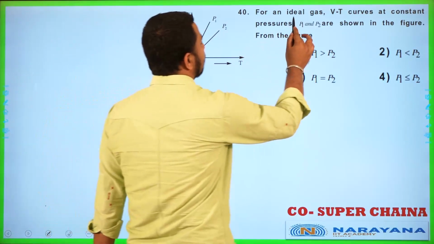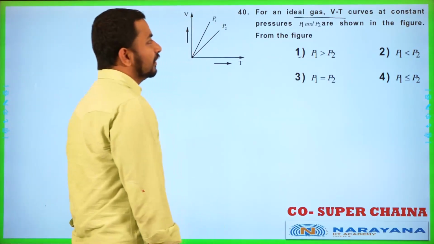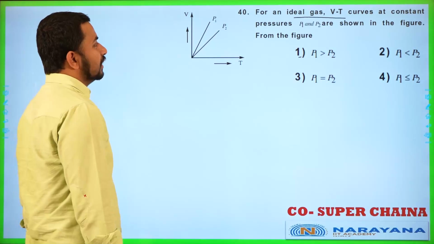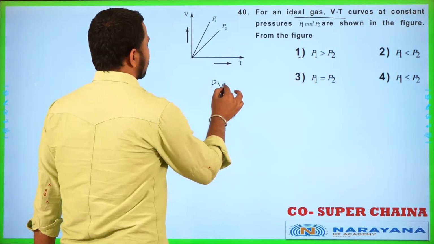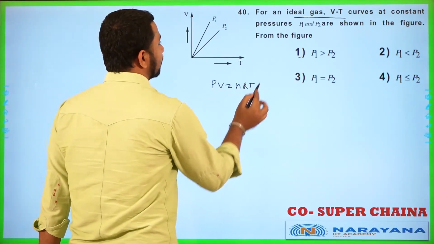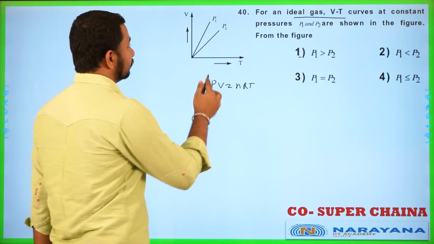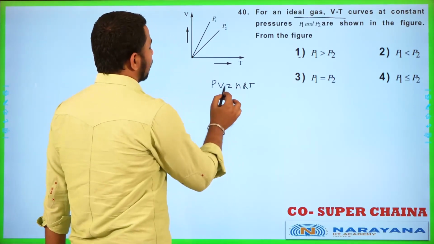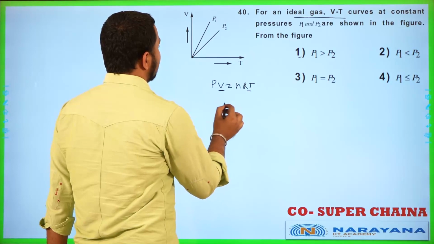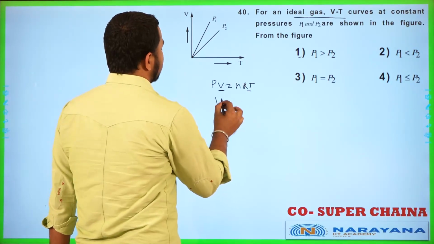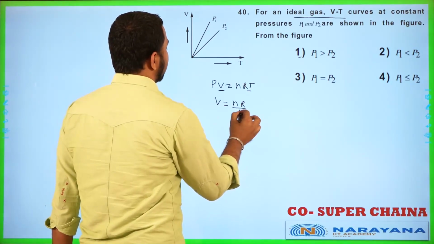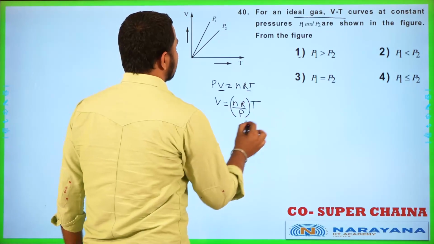For an ideal gas VT graph, the curve at constant pressure is given. Again same expression, PV is equals to nRT will apply. Here we have to get a graph between V and T. So we'll write it, V will be equals to nR by P into T. Now this is slope.